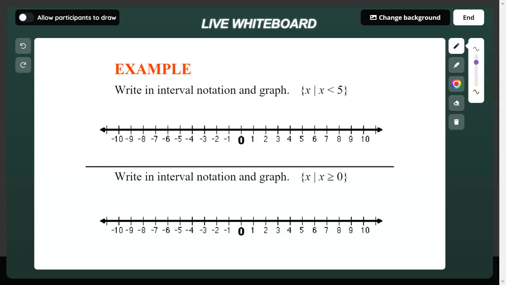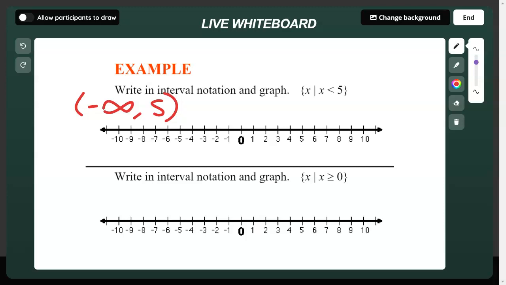How did I write interval notation for x is less than 5? Open parentheses, negative infinity. Good. That was my interval notation: all numbers less than 5, the smallest value in the set was negative infinity, all the way up to positive 5.